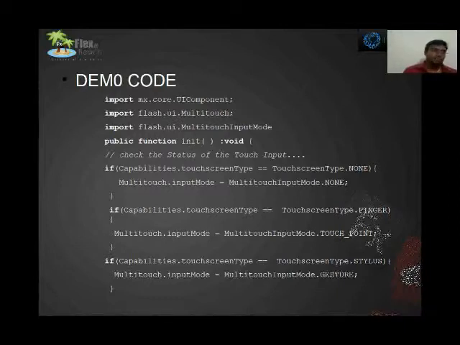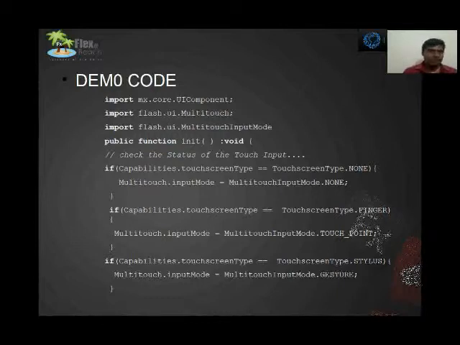In this I need to check the touch input, whether the touch has been done by the finger or by the stylus, because finger and stylus can be easily differentiated. If we use the finger, they can calculate it by means of pixels.